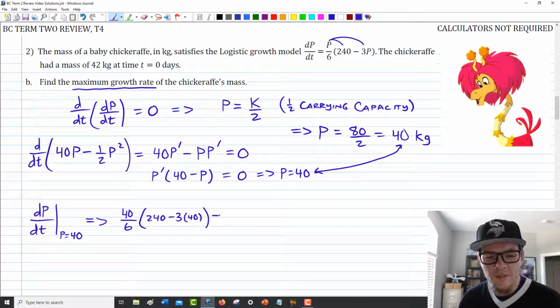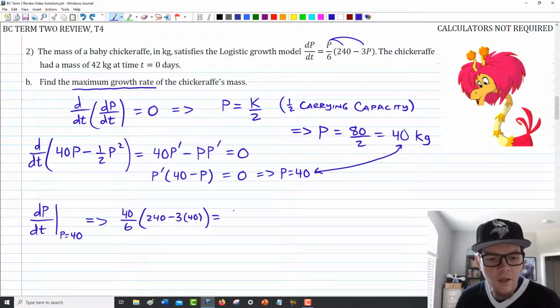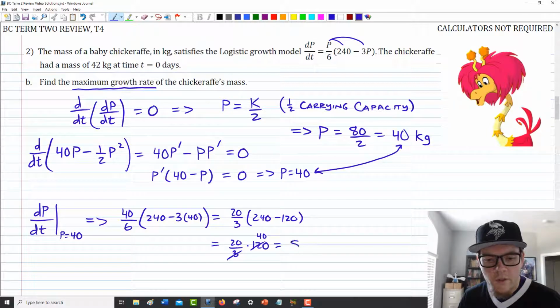Now truthfully, it'd be tempting just to stop right there, but I'll finish. So if I divide by 2, it's going to be 20 over 3 times 240 minus 120. That's going to be equal to 20 over 3 times 120, which is going to be 40 times 20, which is going to be 800. So the maximum growth rate is 800.